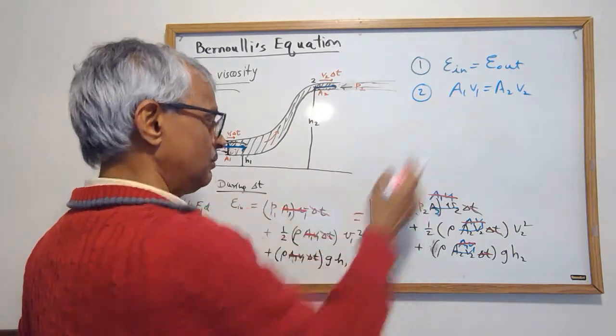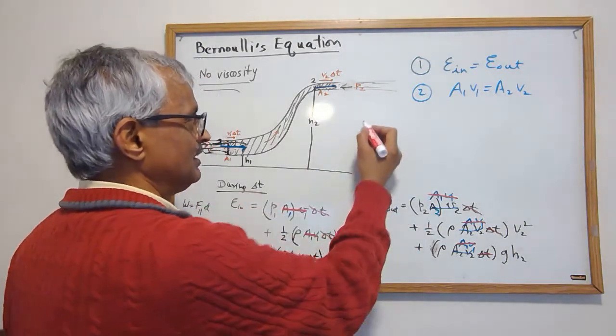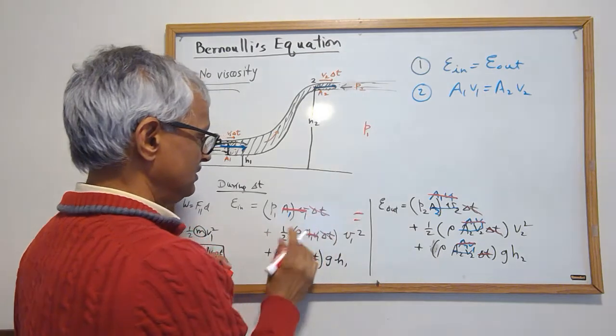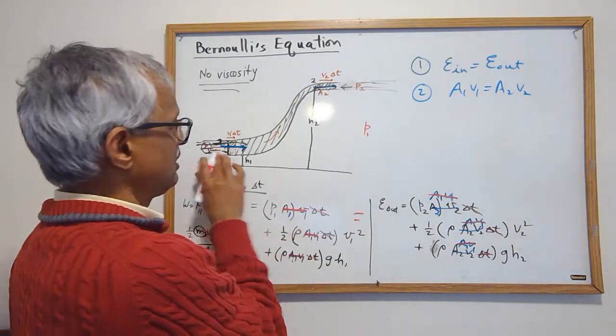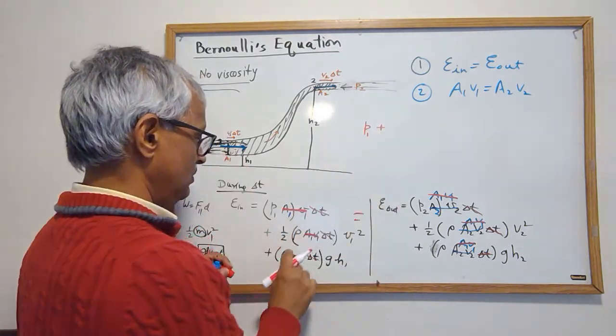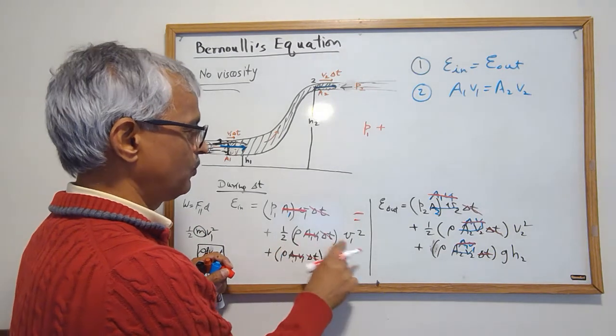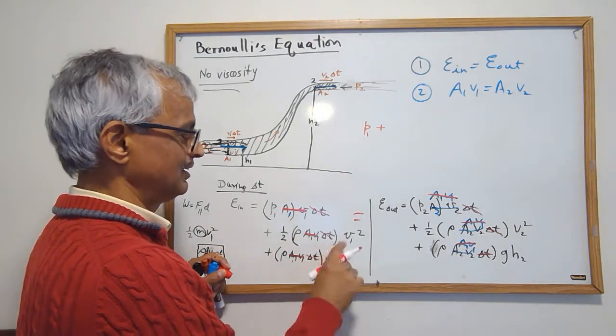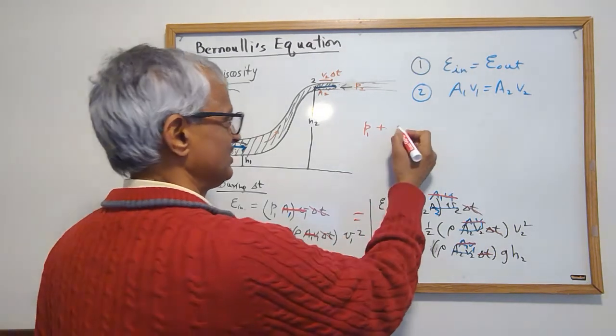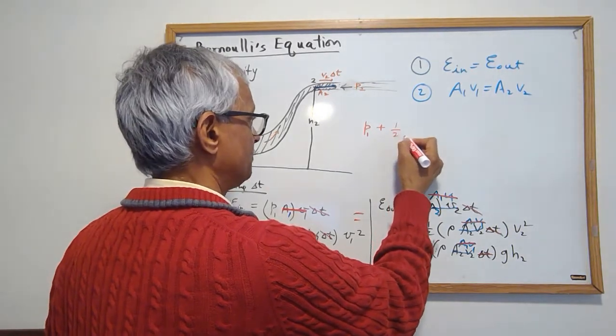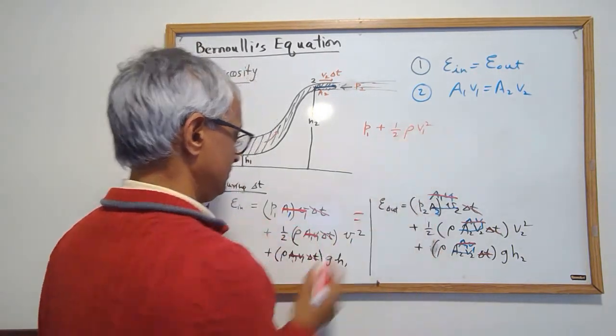Using that really simplifies. It says P1, pressure over here, plus half rho V1 square, like a kinetic energy density, half rho V1 square.